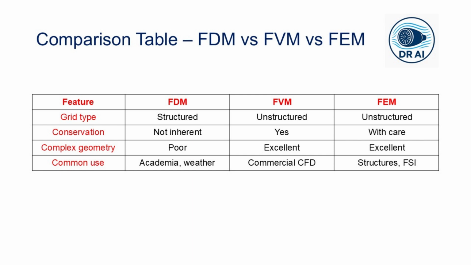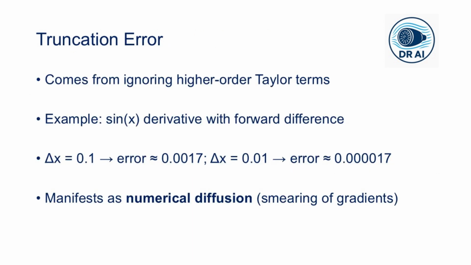FEM, the finite element method, is flexible, great for solids, and needs stabilization for fluids when used in fluid structure interaction problems. For the rest of this lecture, we will focus more on the FVM approach because it is the most relevant to real world CFD, but the discretization concepts apply to all of these.